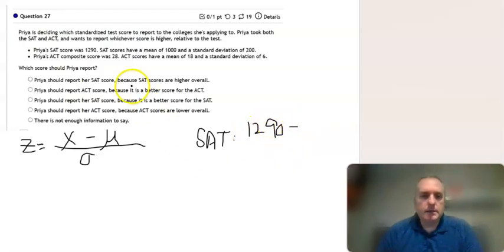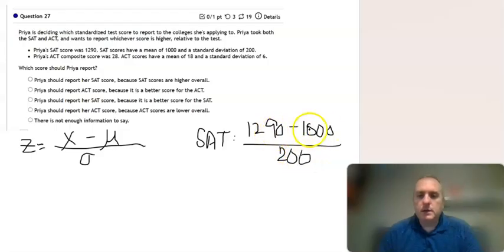Going to subtract the mean, which was 1000, and divide by the standard deviation, which is 200. Do that subtraction first. 1290 minus 1000 is 290 over 200. Which is 1.45.